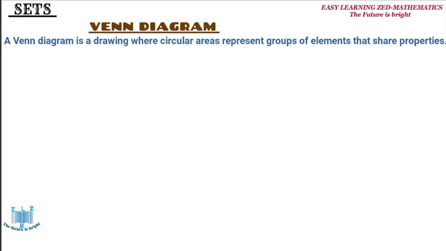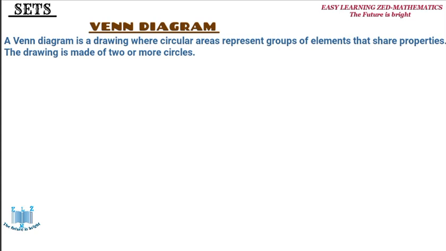So when you draw the Venn diagram, the drawing is made of two or more circles. Inside the universal set, or the rectangular shape, you can have two or more circles. You can also have one circle in it. It depends on the information you are presenting.